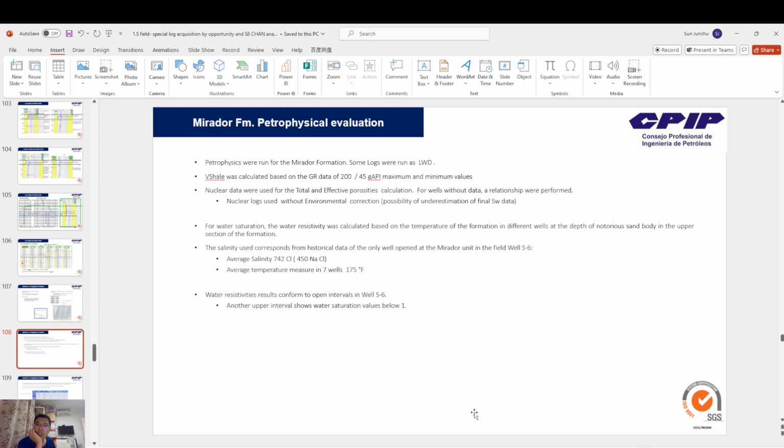For water saturation, the water resistivity was calculated based on the temperature of the formation in different wells at the depth of the notorious sand body in the upper section of the formation. The salinity used corresponds to historic data of the only well opened at the Mirador, the well S6.